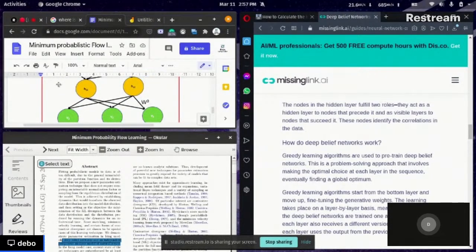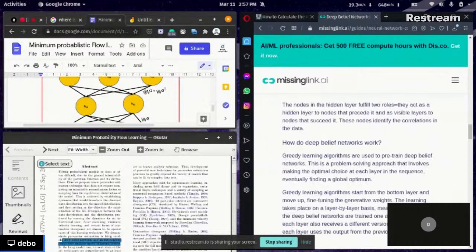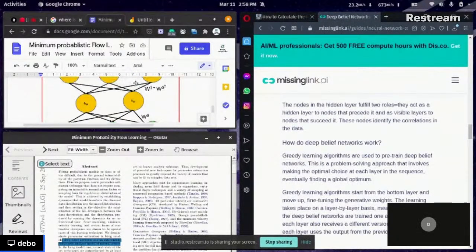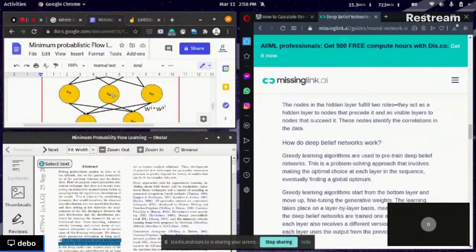Like in here, if this is the predecessor, let's take it as the predecessor, and this one, it will be the visible layer, and for this one it will be the hidden layer because it can't see the others, but in its case it can see these outputs, as well as for that one.